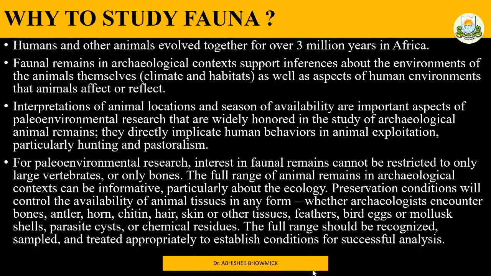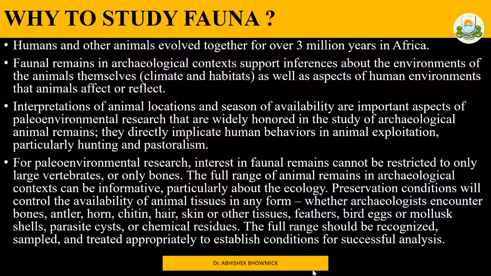For paleoenvironmental research, interest in faunal remains cannot be restricted to only the large vertebrates or only bones. The full range of animal remains in the archaeological context can be informative, particularly about the ecology. Preservation conditions will control the availability of animal tissues in any form.